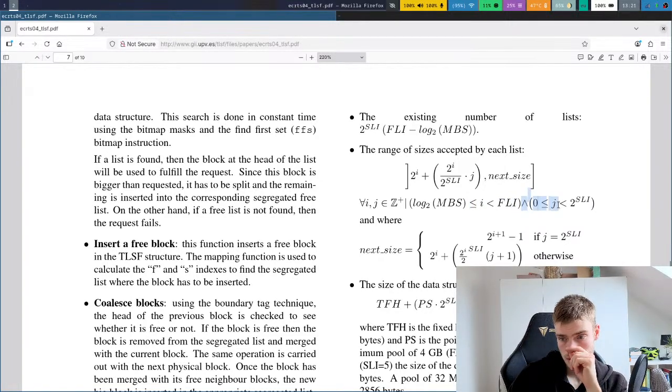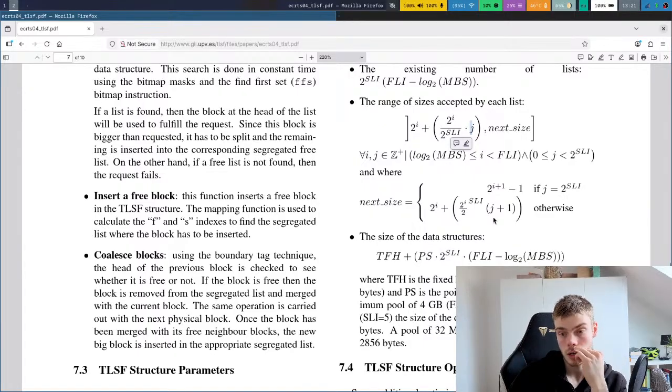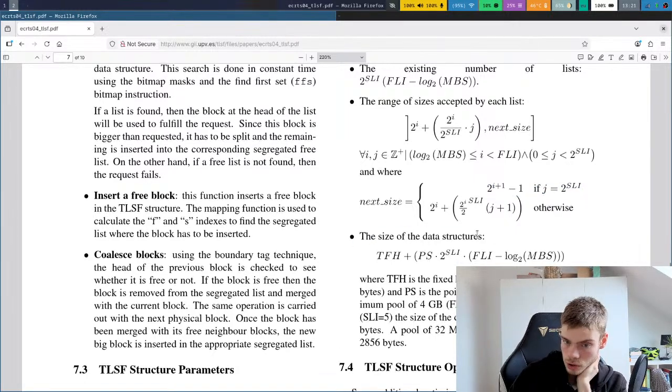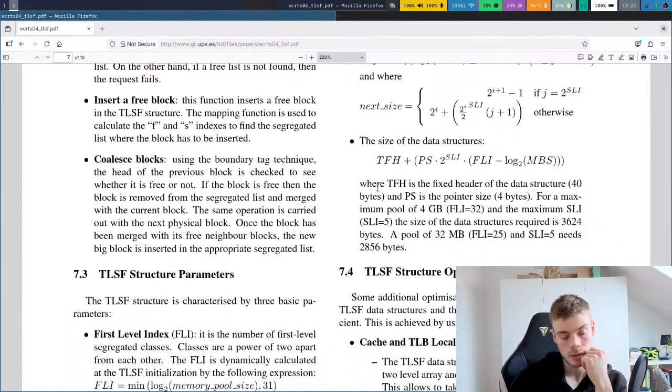And i is the first level index, and where next size is obviously the next block, or this size of the data structure, whatever, we don't care about that.